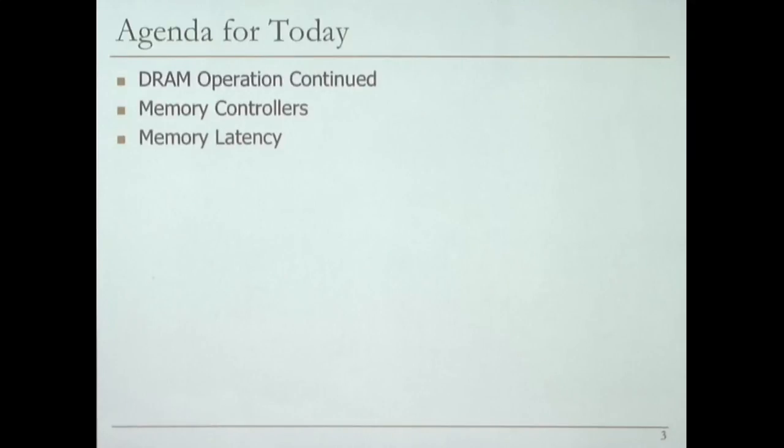Today, we'll continue the DRAM operation and switch to DRAM controllers, how to control this beast. Whenever you're designing some system, you need controllers, and memory is nothing different. But memory is important because you want to access it with low latency and high bandwidth, and if your controller is not good enough, then you have a problem, right? Actually, control is important.